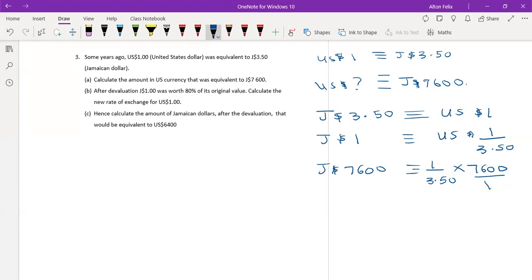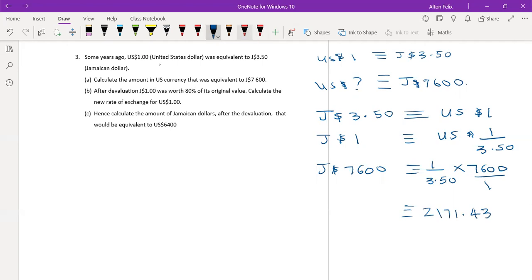When we take 1 divided by 350, and then multiply that answer by 7,600, we are getting 2,171 and 43 cents. 2,171.43.